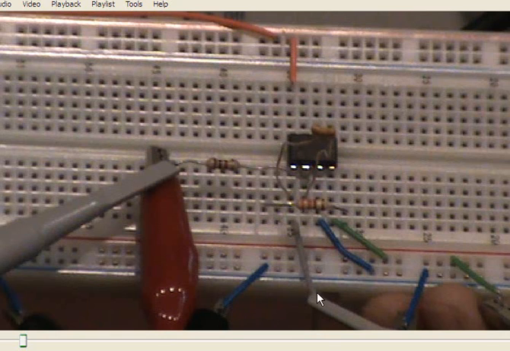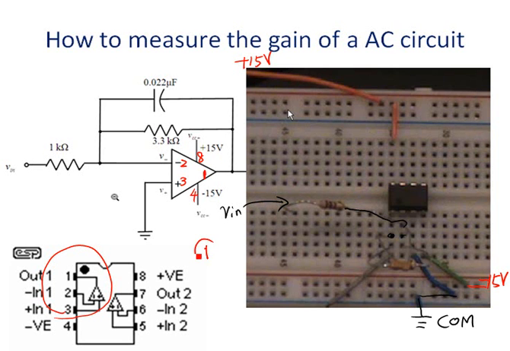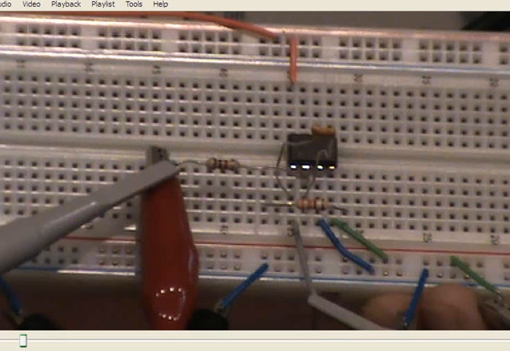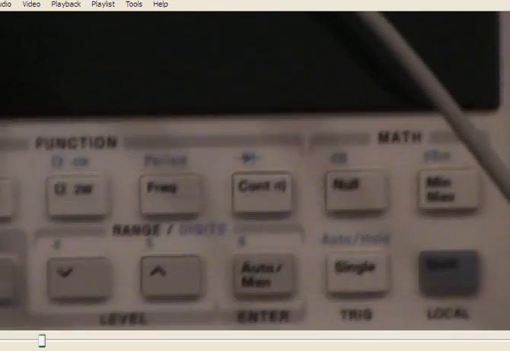The second channel is connected to the output voltage through pin 1, with reference to the common ground. So we have just made our connections here.